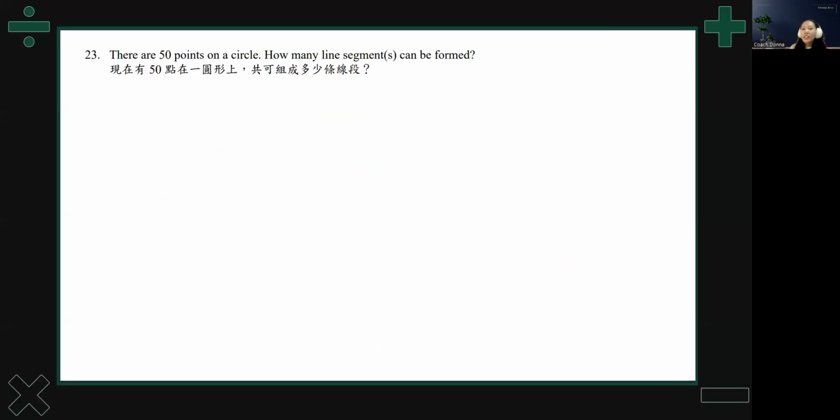So there are 50 points in a circle. How many line segments can be formed? So we have a formula for this. You have the NCR formula.